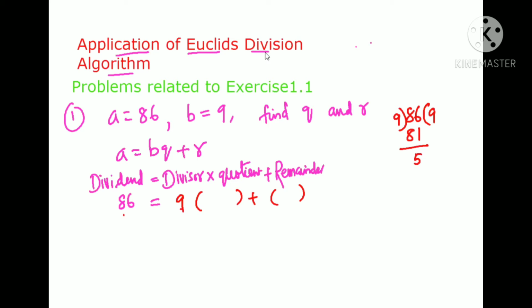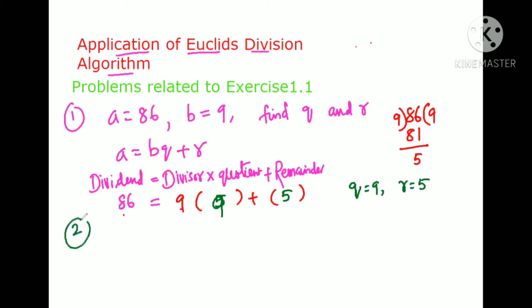Therefore the value of quotient q is 9, and the remainder is 5. So here q is equal to 9, r is equal to 5.